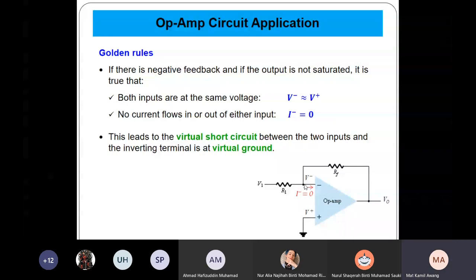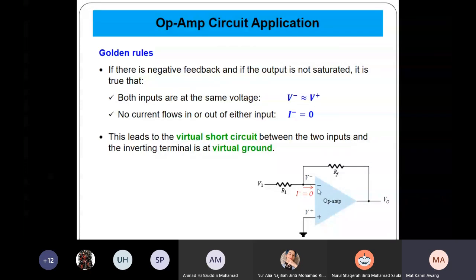And this is actually a virtual short circuit between V minus and V plus. This will create a virtual short circuit. Therefore, this becomes a virtual ground, okay? Because V plus is connected to the ground, right?